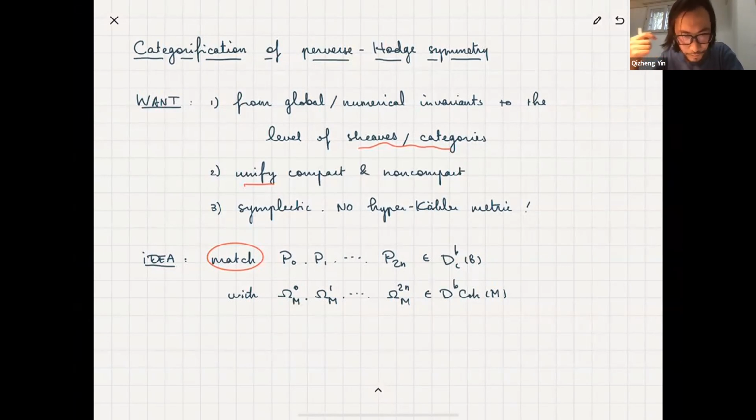So the perverse sheaf is kind of topological, and we want something coherent out of something topological.